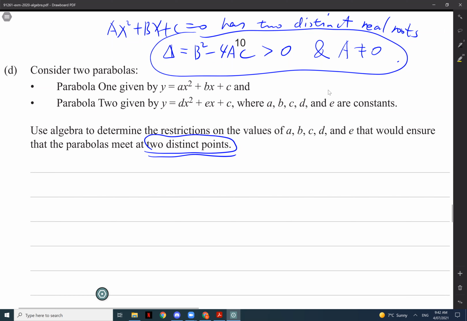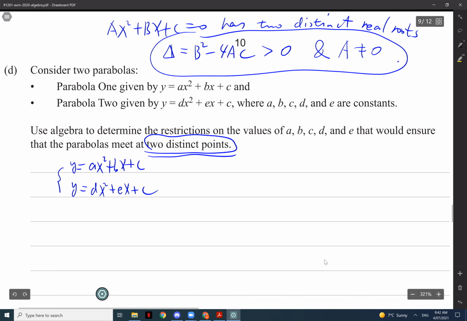Okay. Now, the question again, annoying. Too many symbols. But they ask you, if two parabolas intersect. So we solve simultaneous equations. Always when they intersect, we solve simultaneous equations. They both have y equals.